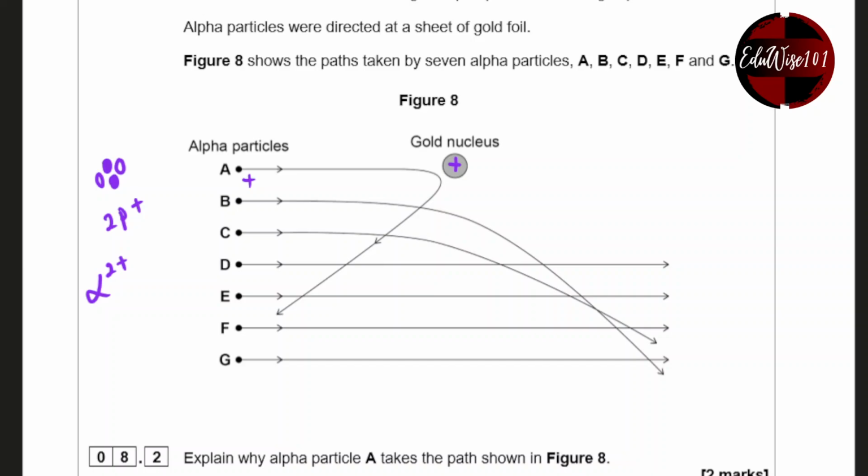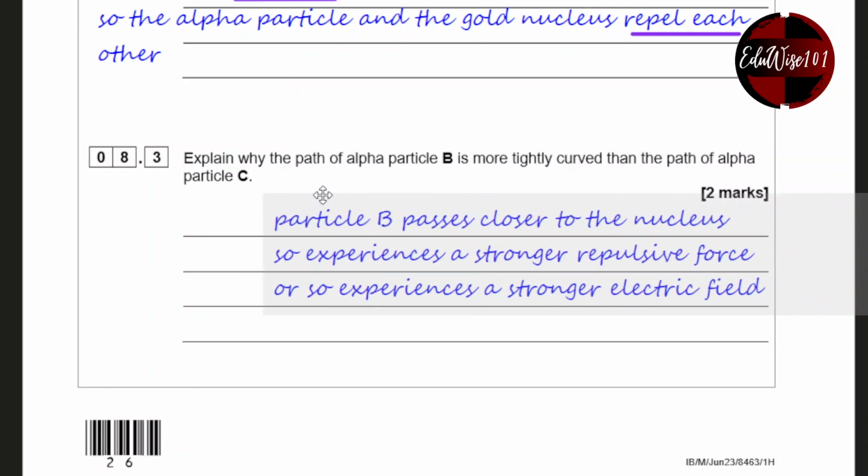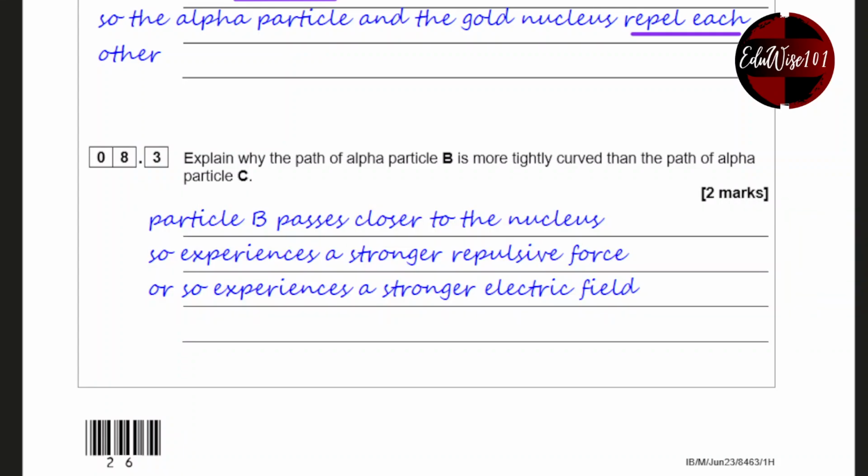Hence, C is not repelled as much as B is, while D, E, F, and G are not repelled at all. So the answer: particle B passes closer to the nucleus, so experiences a stronger repulsive force. That gives you the second mark, or you could say it experiences a stronger electric field.